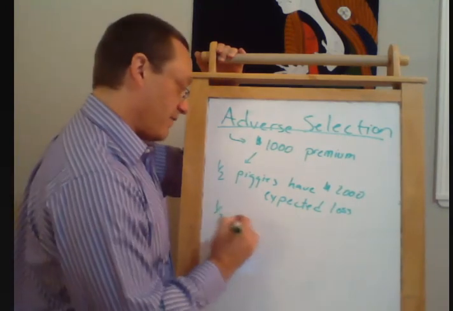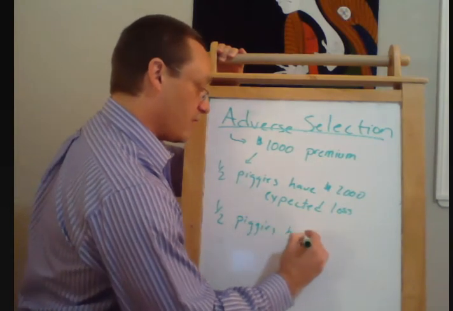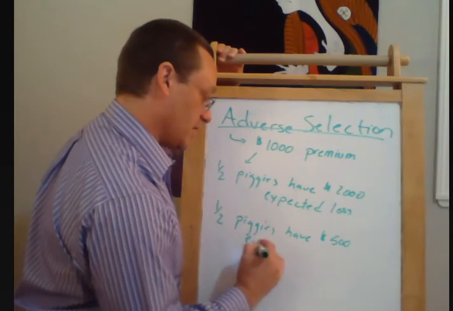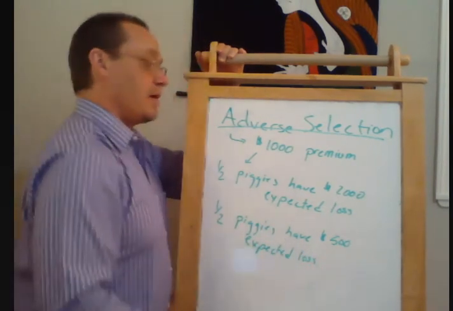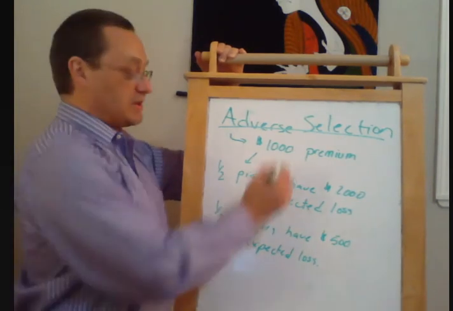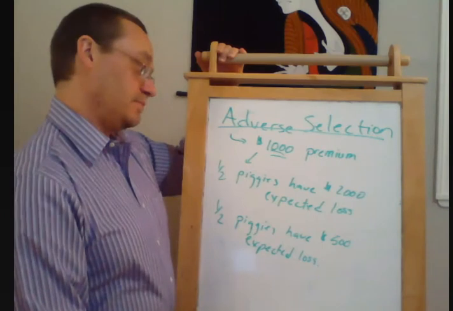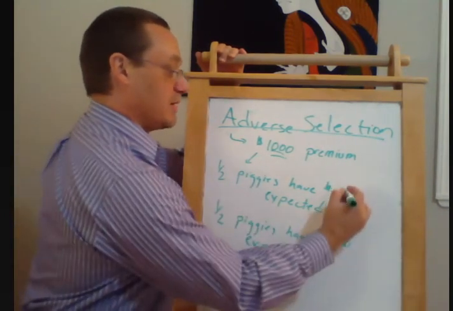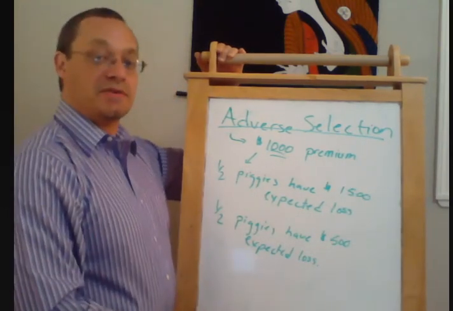And then half the piggies have a $500 expected loss. So notice that this still comes out to average out to be $1,000. Excuse me, I gotta change this to $1,500 so it'll all come out to be $1,000. It still averages out to be $1,000.